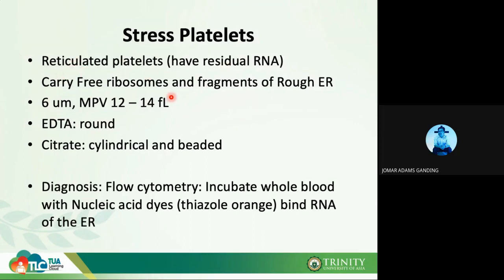So how can we identify that there are stress platelets using flow cytometer? There would be a positive fluorescence. A positive result is actually a 3,000 times increase in fluorescence.